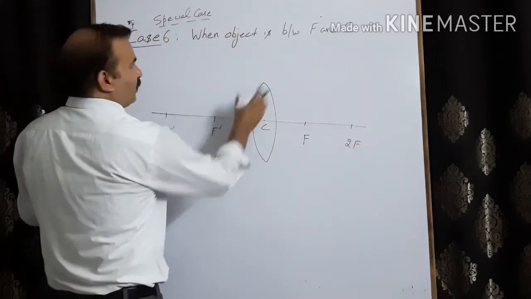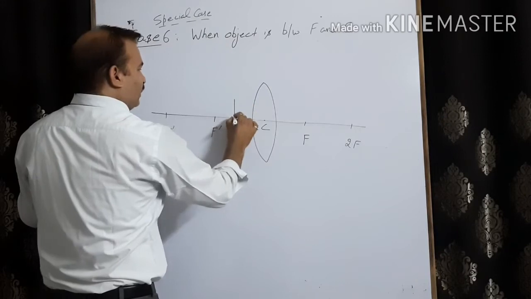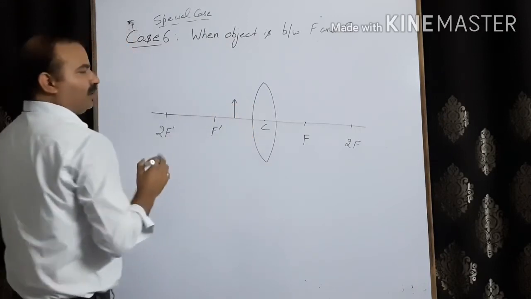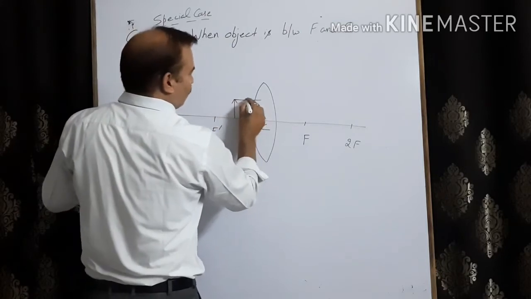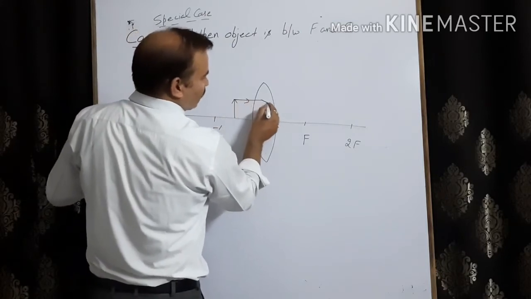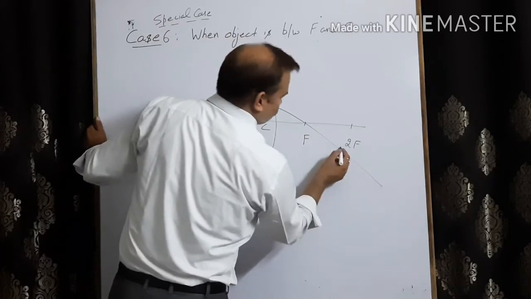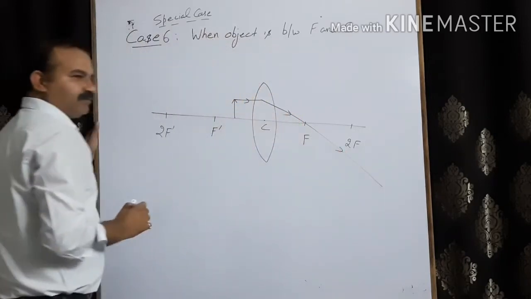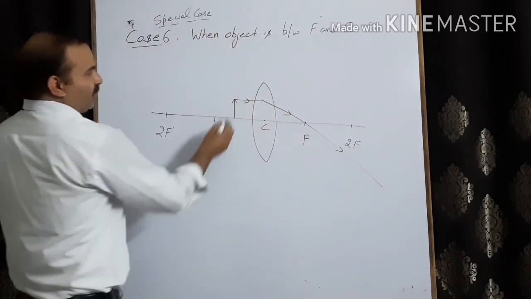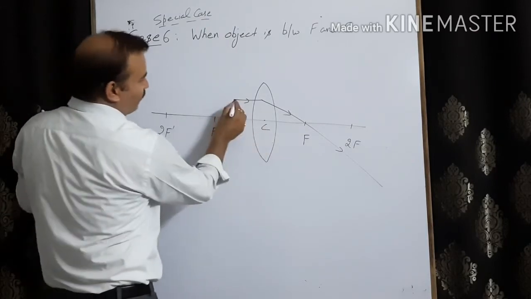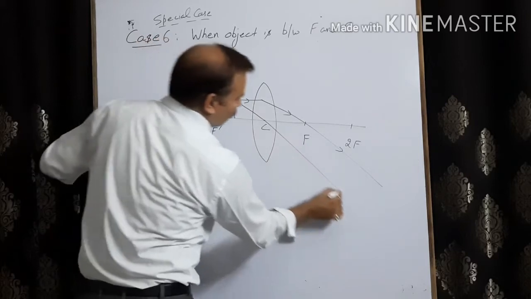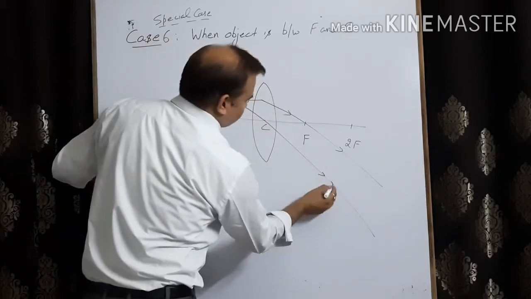When the object is between F and C, again we'll take two rays. One ray, a ray of light parallel to the principal axis, after refraction will pass through the focus. And the second ray of light, which is passing through the optical center, will go undeviated.